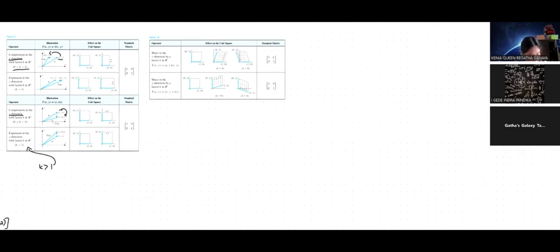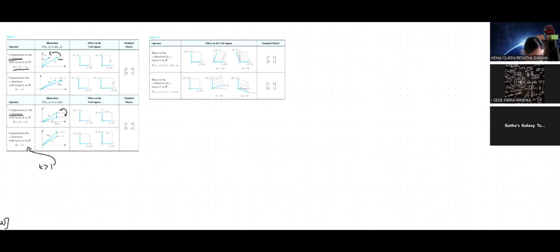Now, if k is more than 1, then it is an expansion. But if 0 is less than or equal to k and k is less than 1, it is a compression.